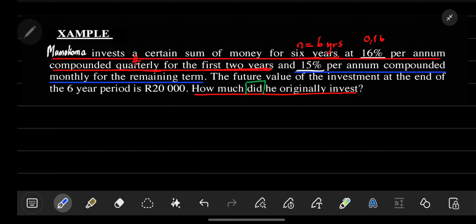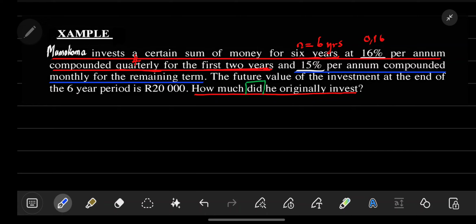Remember, they said that this transaction is going to run for 6 years, and then they told you that for the first 2 years, the investment was for 2 years. And now they do not specify how long the second transaction ran. They just say monthly for the remaining term.